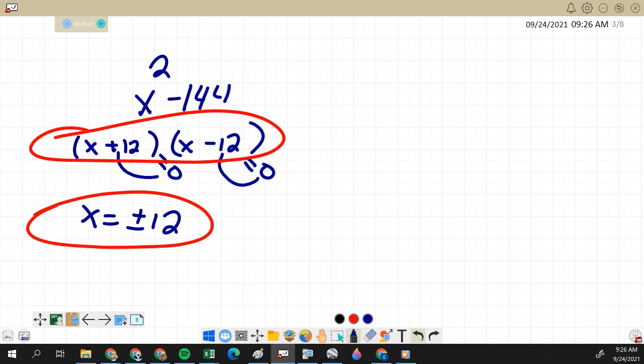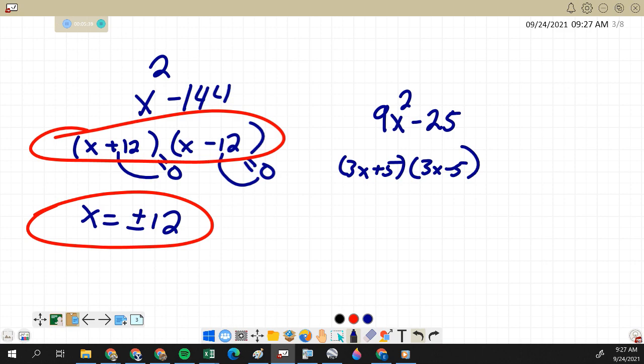Okay, let's do one that's a little bit harder. What about 9x squared minus 25? What are the factors? 3x plus 5 and 3x minus 5. So if it says find the roots, this is a little bit harder.